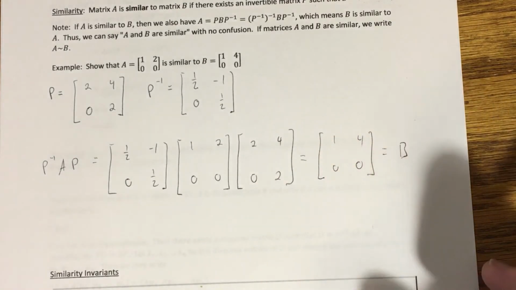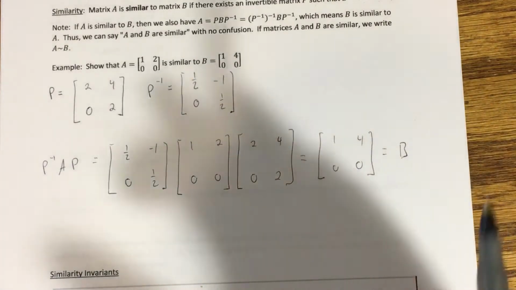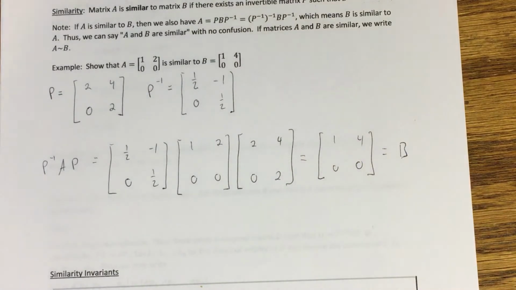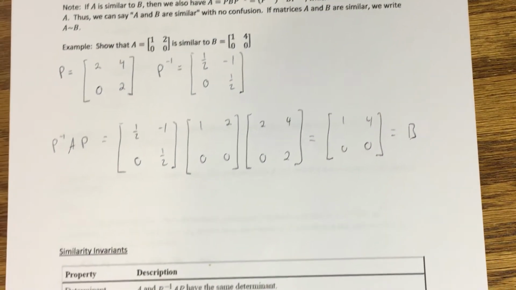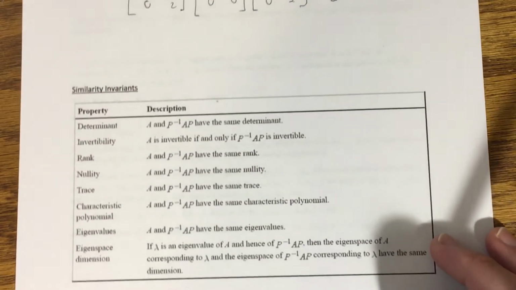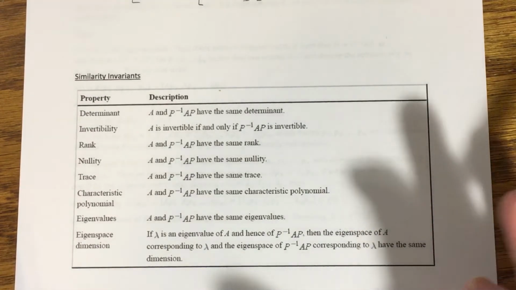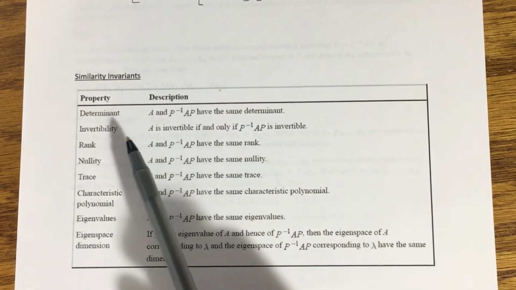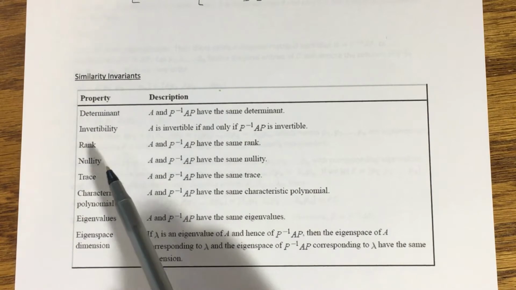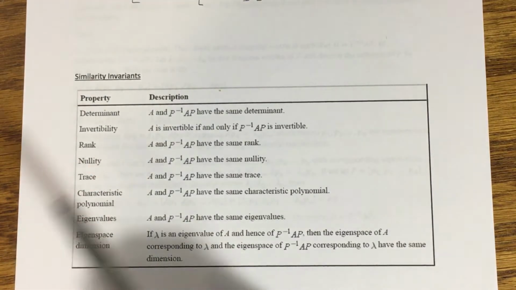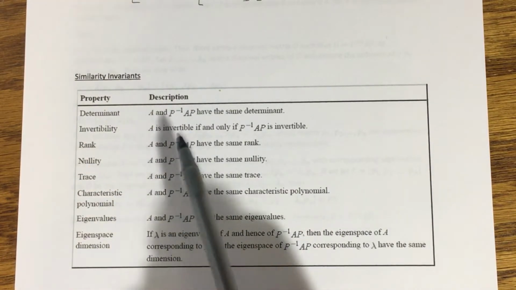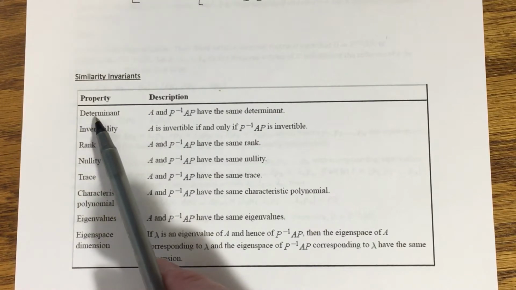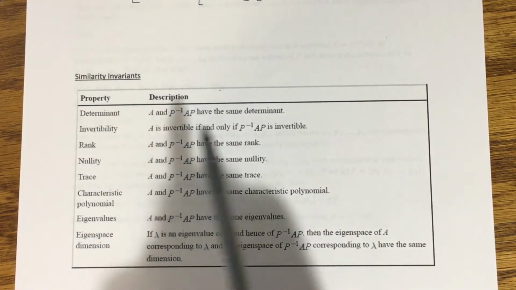Okay? So we care about similarity, the relationship of similarity between two matrices, because of these things called similarity invariants. A similarity invariant is a property that two similar matrices will always share. So here we see, your book proves this first one, so I'm going to let you look in the book for that one.